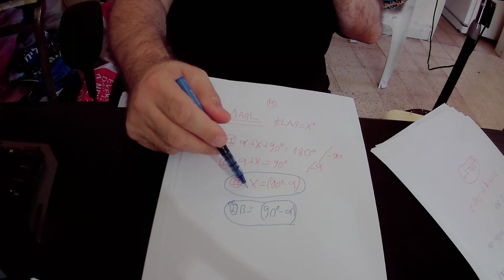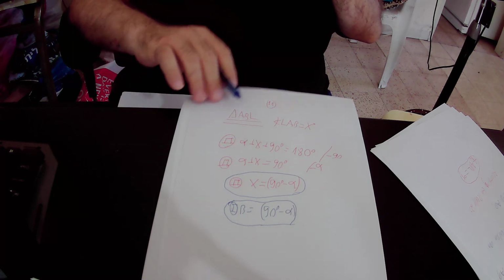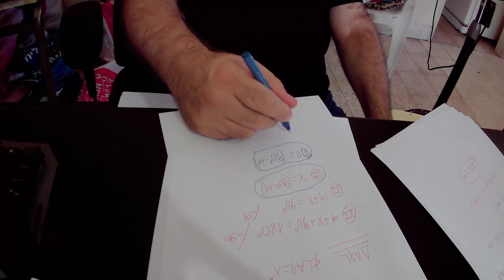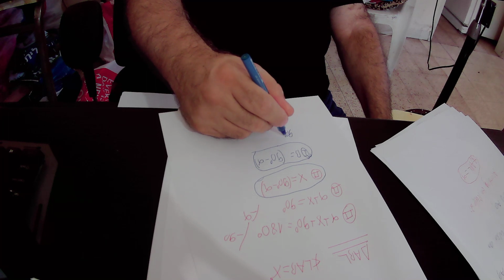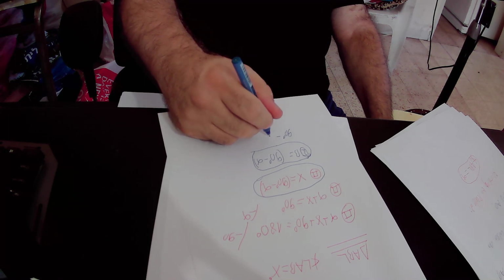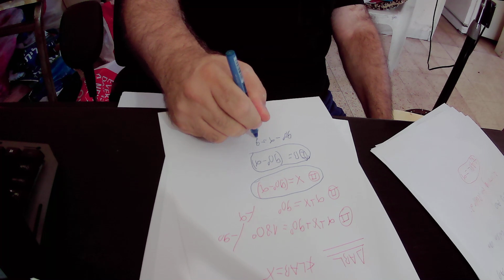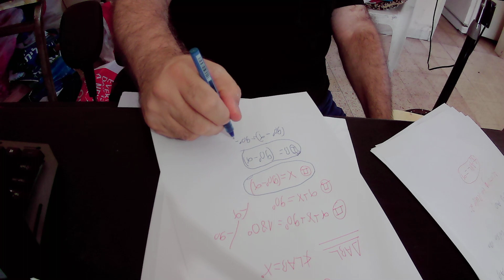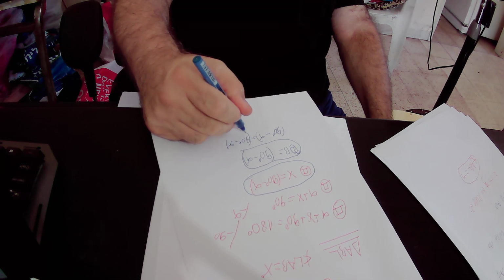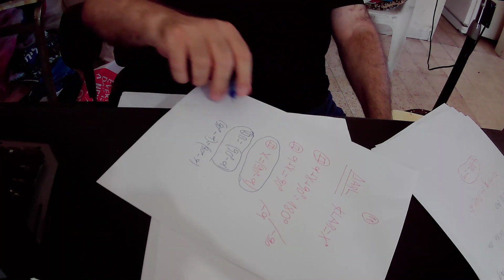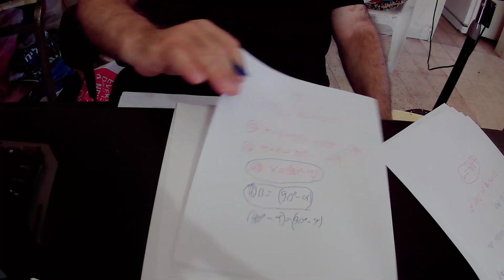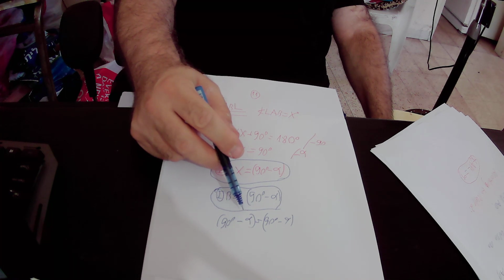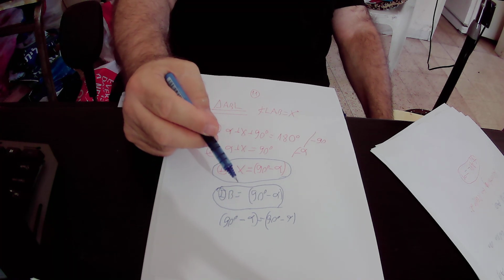Or in the long way we can write that 90 degrees minus alpha equals 90 degrees minus alpha.